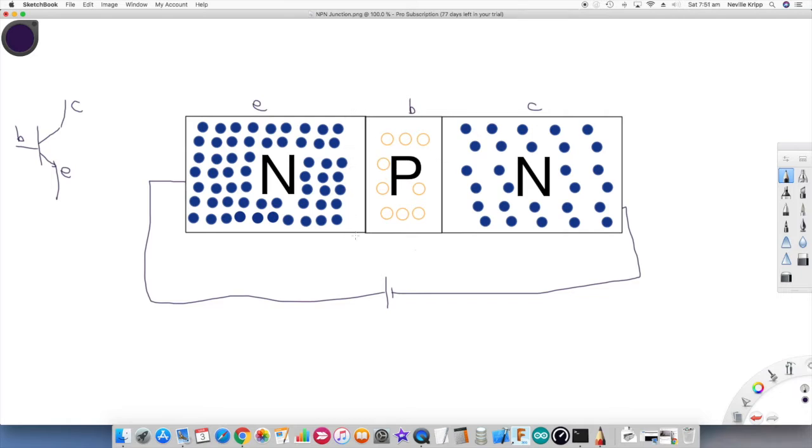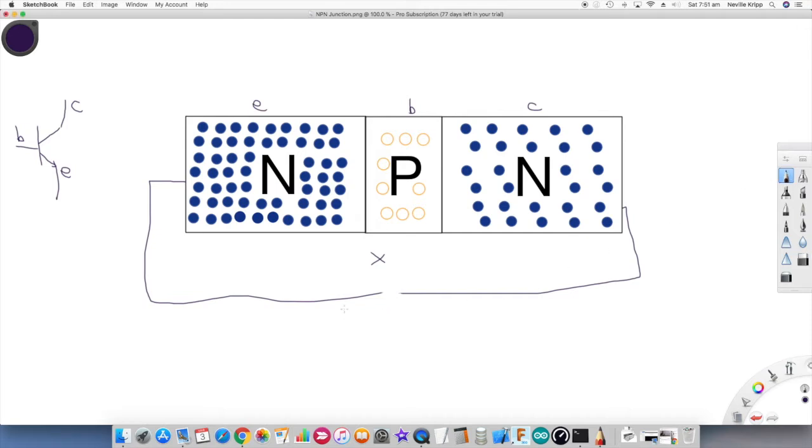But we've got a depletion region created here, just like a normal PN junction, and we've also got another PN junction here with base collector, and we've got another depletion zone created here. Now with this battery connected this way, effectively we've got two diodes back to back, so one will be reverse biased and no current will flow, so nothing happening there.